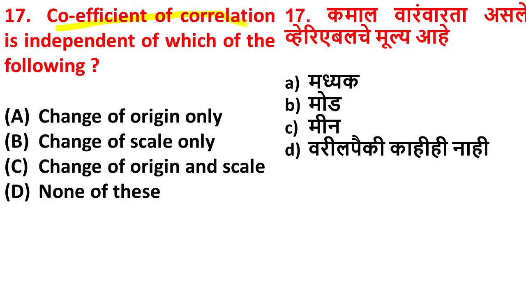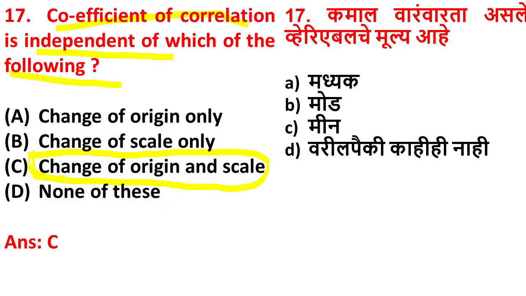Coefficient of correlation is independent of which of the following? Option A, change of origin only. Option B, change of scale only. Option C, change of origin and scale. Option D, none of the above. Yes, here the right answer is option C, change of origin and scale.